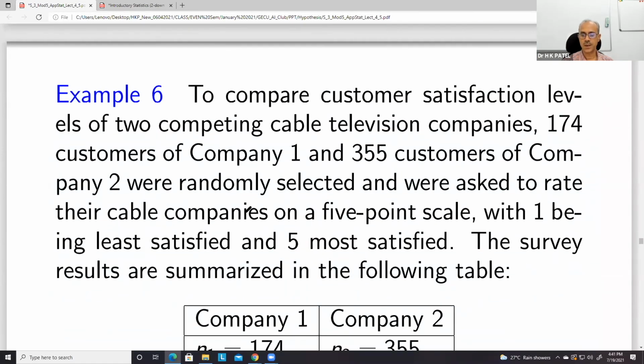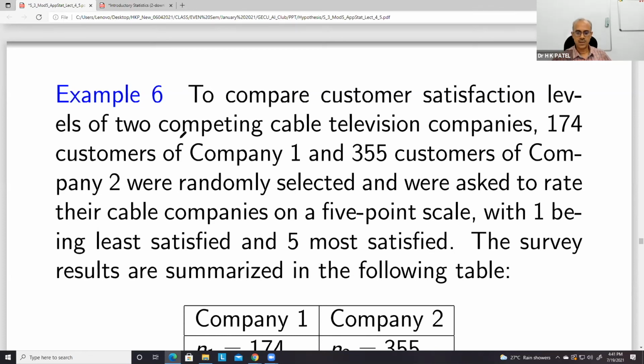So let us see this problem. To compare customer satisfaction levels of two competing cable television companies, 174 customers of company 1 and 355 customers of company 2 were randomly selected and were asked to rate their cable companies on a 5-point scale, with 1 being the least satisfied and 5 the most satisfied.